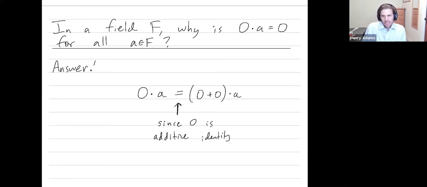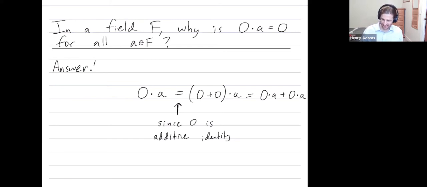Okay, seems silly, but what's nice is now we can use the distributive property. Two things added together times a third thing is just the first times the third plus the second times the third. So 0 plus 0 times A is just 0 times A plus 0 times A. Am I getting anywhere?